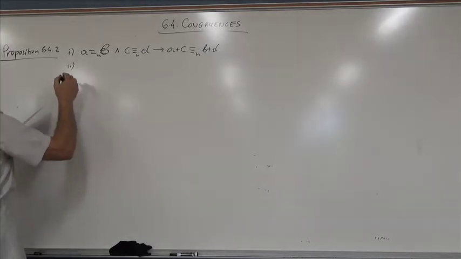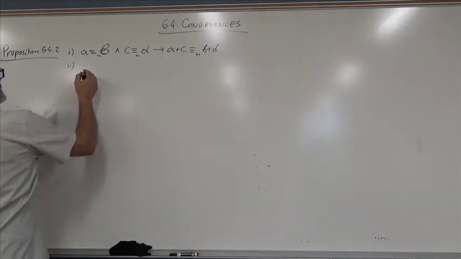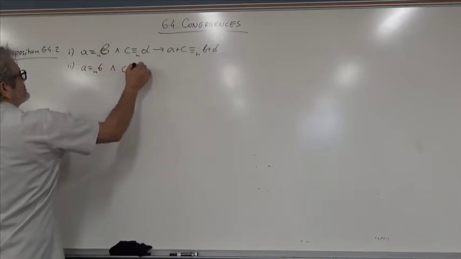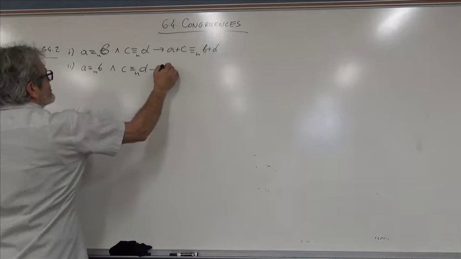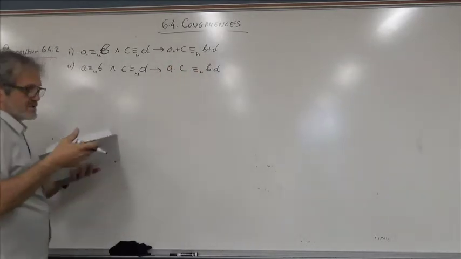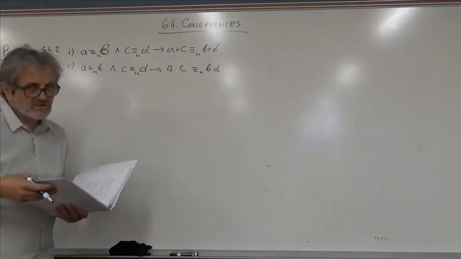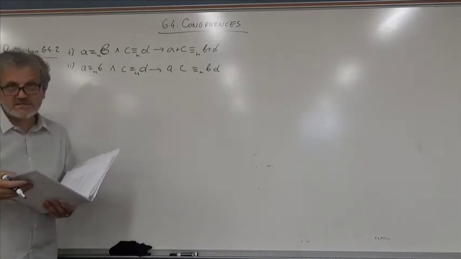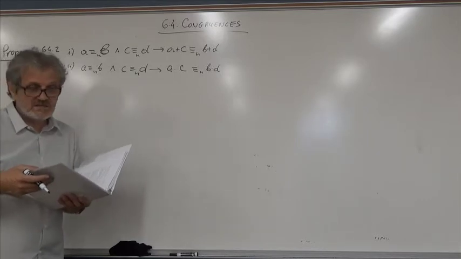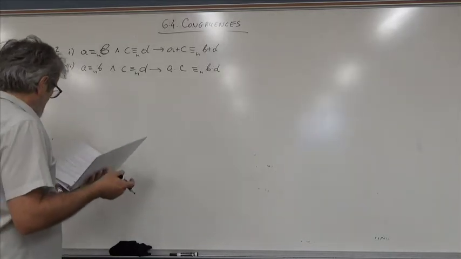And the second, the same thing for multiplication. Why is this crucial? Because it says that this congruence behaves like the equal sign. We can just solve the equations and do many things that we are used to doing.